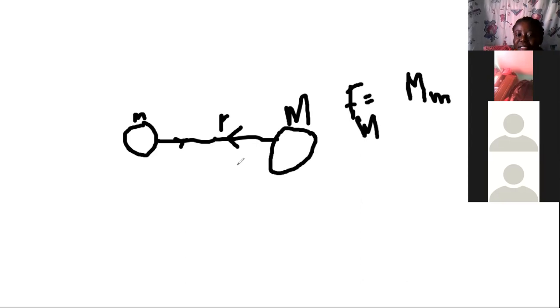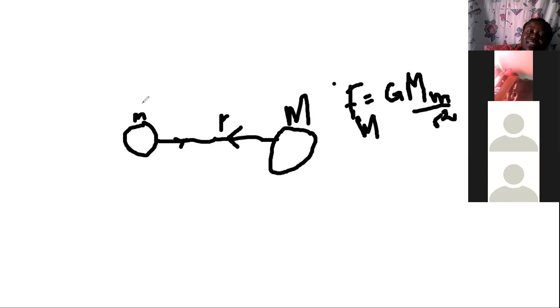So there's an attraction due to its masses, divided by the radius squared. But what is this thing? What caused them to attract one another? It's the gravitational constant between the two objects.